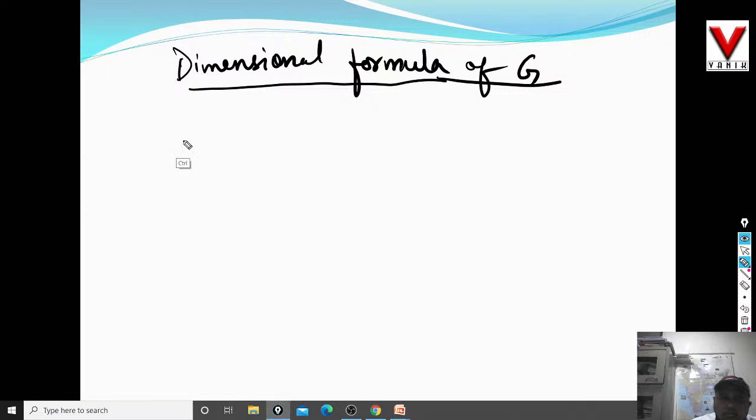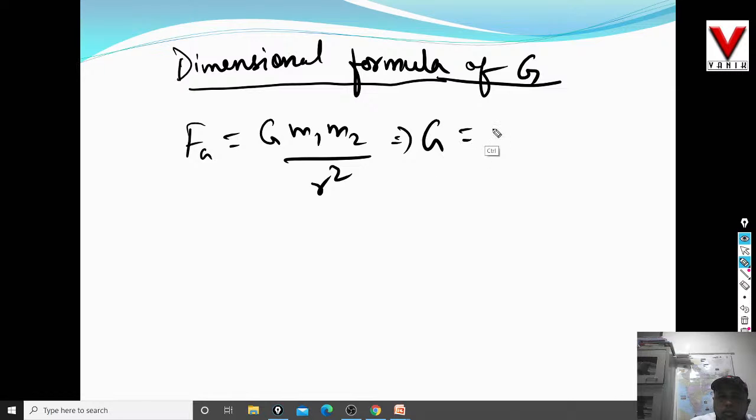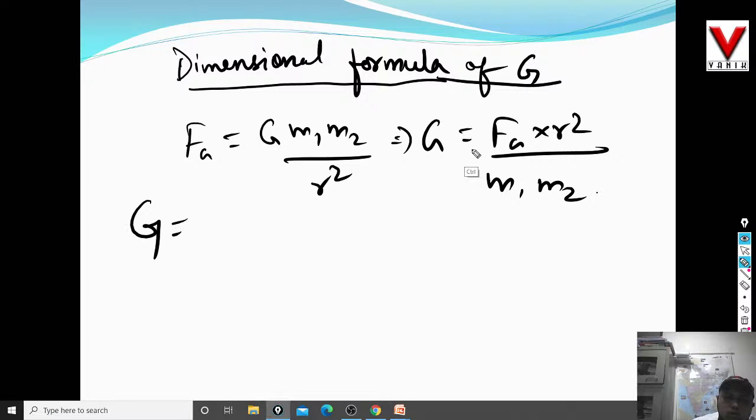See, how can I write this? We write gravitational force as capital G m1 m2 by r square. So this implies capital G is Fg into r square by m1 m2. What is the SI unit of force? I have already discussed how to find the dimensional formula in my first lecture called units and dimensions. SI unit of force is Newton, and r square is meter square by kg square.